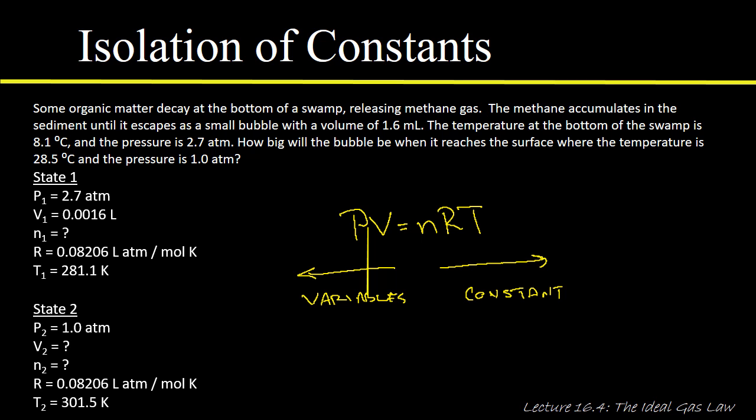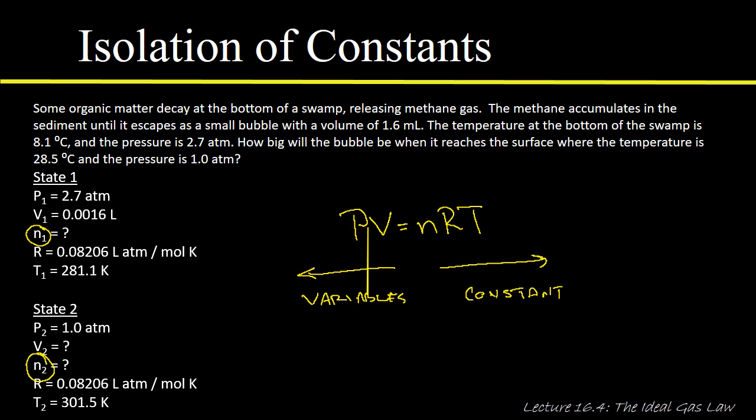What we find sometimes is that in PV equals nRT, R, of course, is a constant, but some of the things that are traditionally variables are also constants. In this particular case, since the amount of gas in the bubble is not changing, the number of moles of gas is actually a constant. I've labeled this as n1 for state 1 variables, and n2 for state 2 variables.